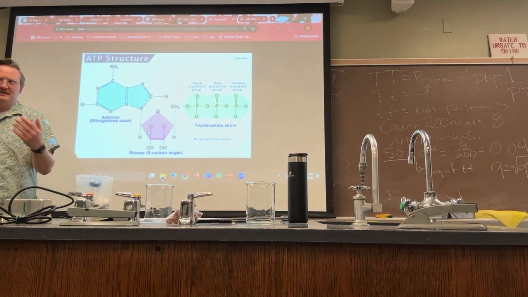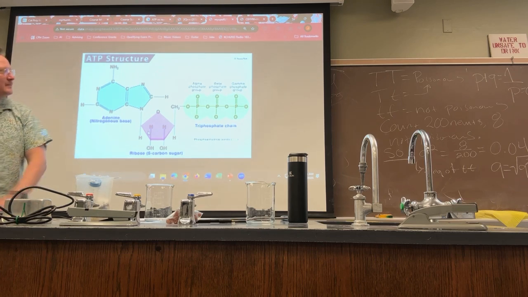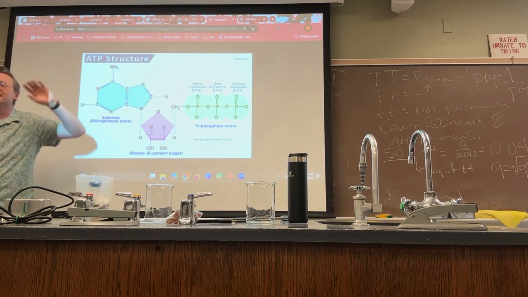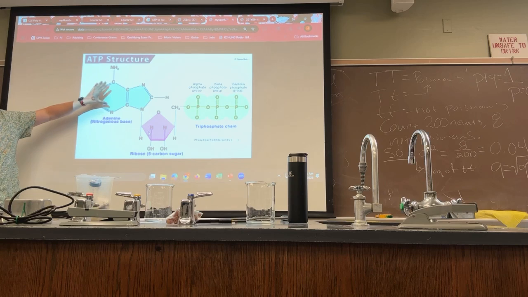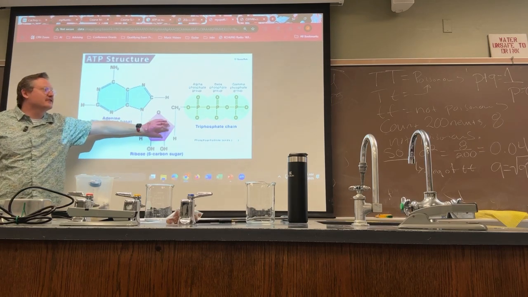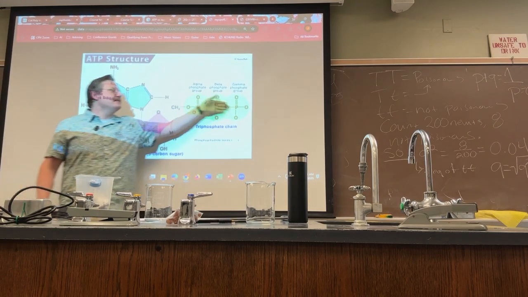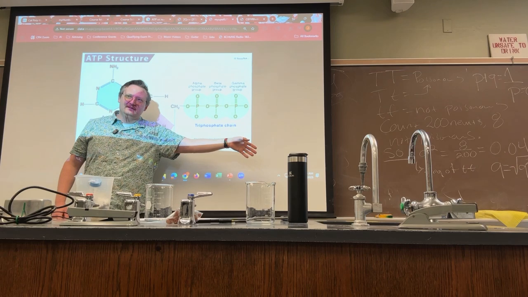So it's a little different from ATP, but it's a little different from the nucleoside triphosphate with adenine on it, okay? The base is the same. The sugar is slightly different. The triphosphate chain is the same, all right?